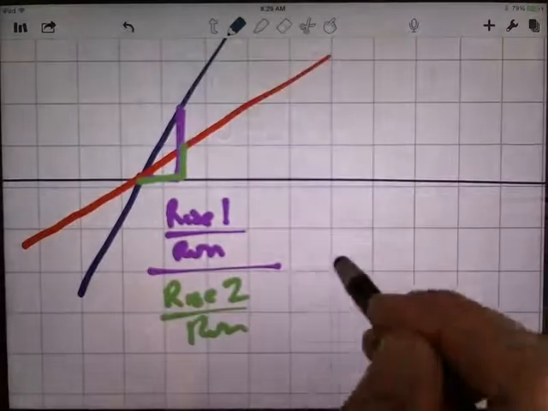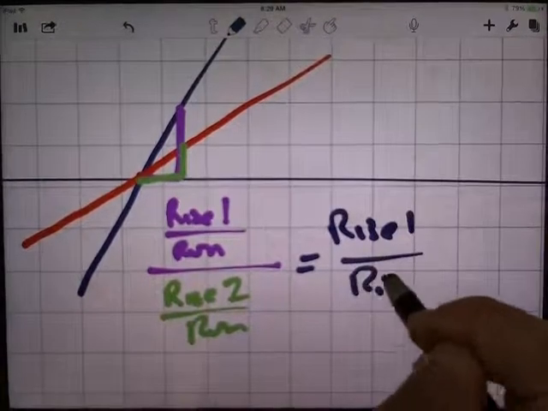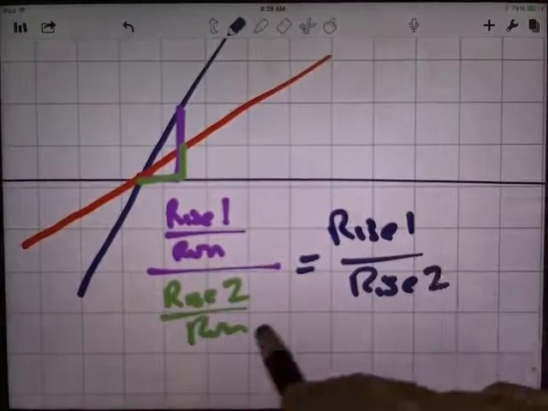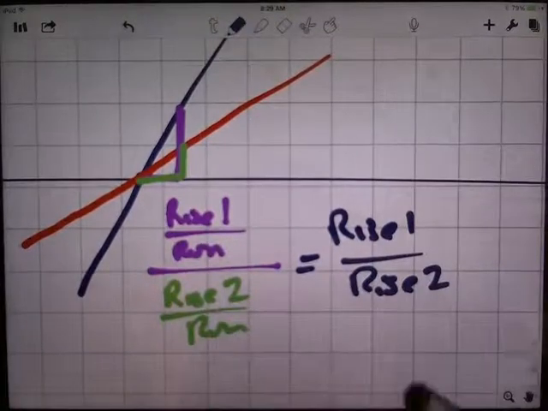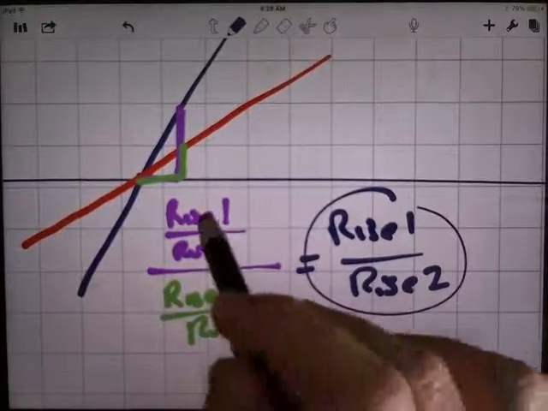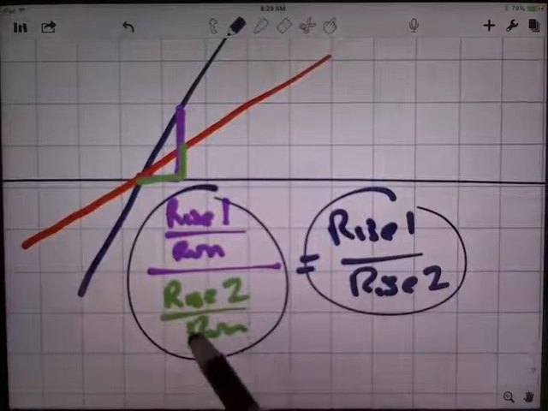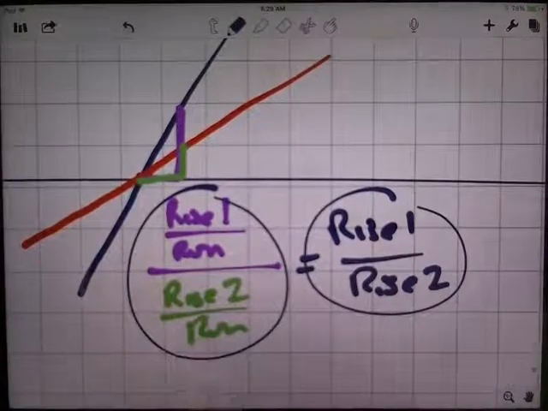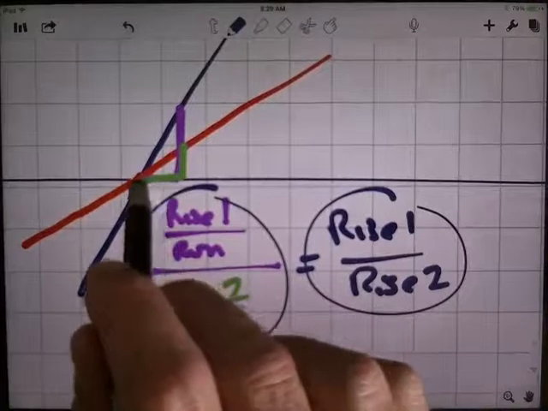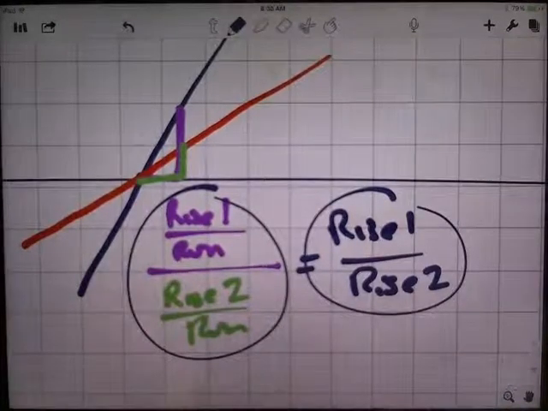So this is equal to rise 1 divided by rise 2 because the runs cancel out there. When you flip it upside down, this run and that run cancel out. And so this is the ratio of the y values, and this is the ratio of the slopes. So the ratio of the y values is essentially the same as the ratio of the slopes. This is because you both go into 0. Okay? And this is what L'Hopital's rule is.